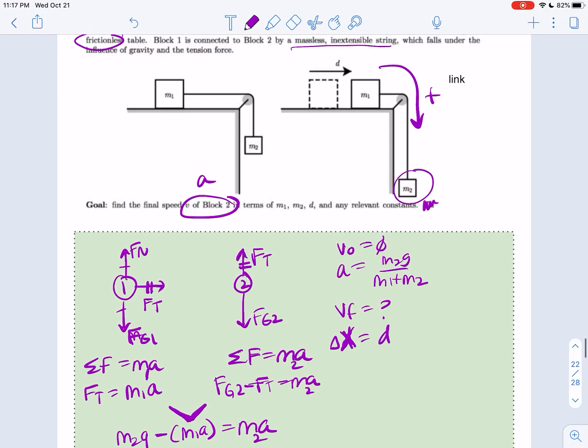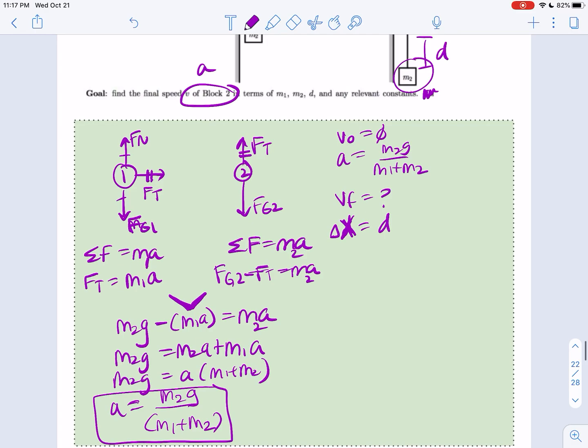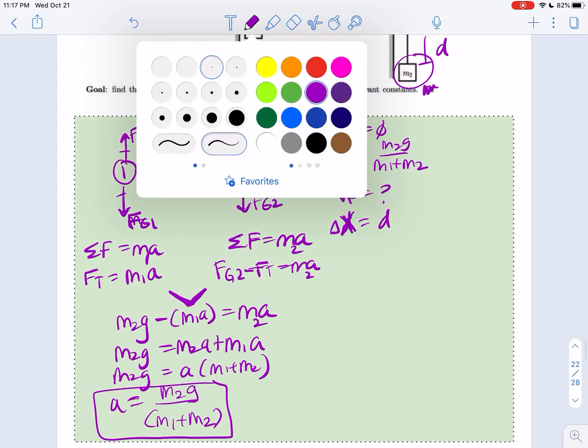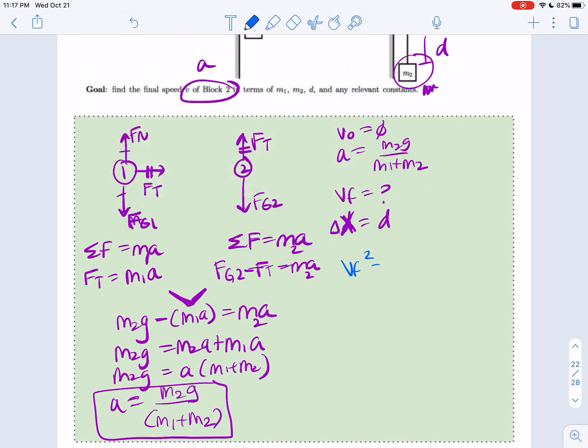If this one moves d, this one moves d, because they're connected. So I want to use v squared equals v0 squared plus 2a delta x, and v0 goes away.